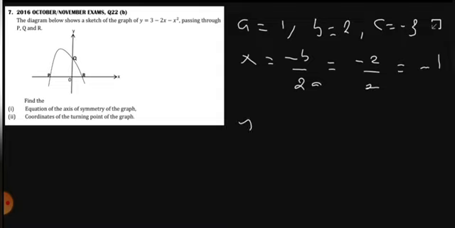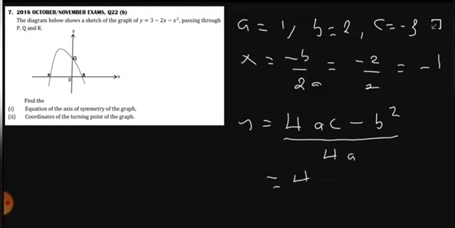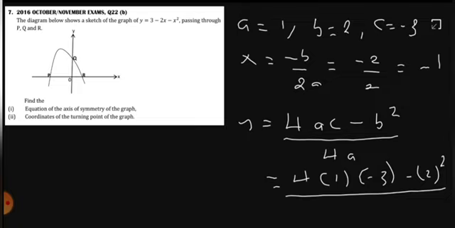Then how do we find the y coordinate? For the y coordinate, it is 4ac minus b squared over 4a, and we need to replace. We have 4 times a which is 1 and c is negative 3, minus 2 squared, that is b, over 4 and a is 1.